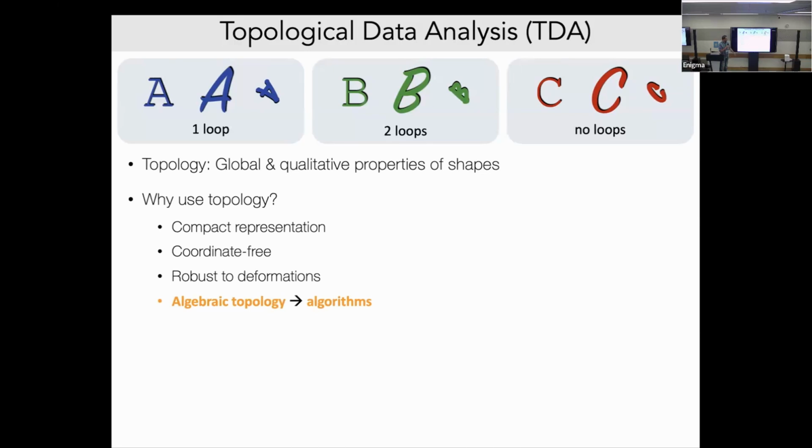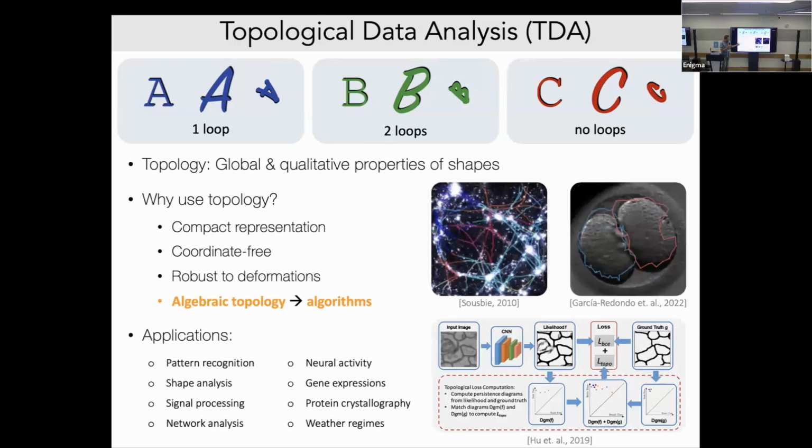So everything can be done in software. And it's been applied in many, many different areas of application. This is just a small subset. This is a picture taken from a cosmology study, biological imaging, incorporating topology into loss functions for neural networks, and there are many, many other examples.